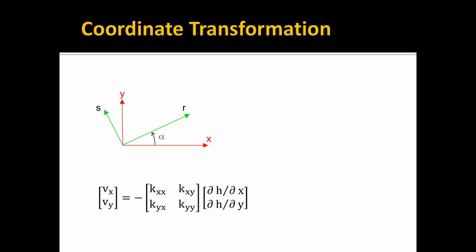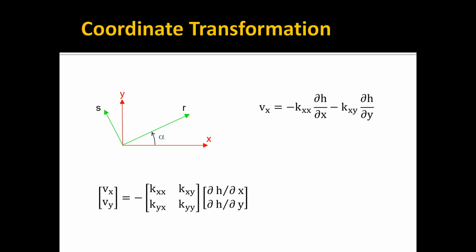And then in the most general term, we can define Darcy's law in the general case in matrix form as shown here. Now the off-diagonal terms are not 0.